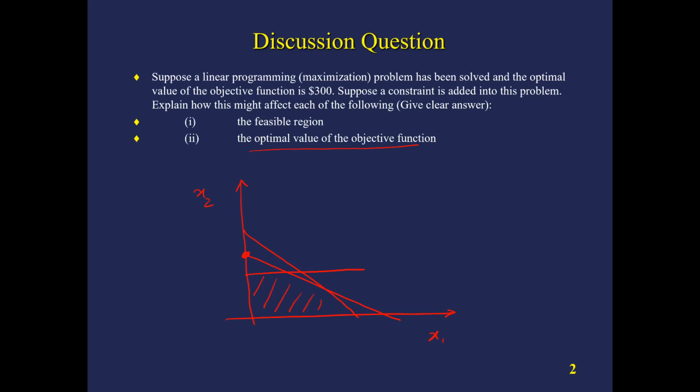Then we will have a new optimal, and that new optimal will be less than what was earlier. So if it was $300 before, now it will be less than $300. So this is the correct answer to discuss this type of question.